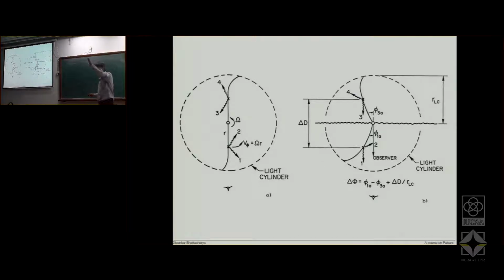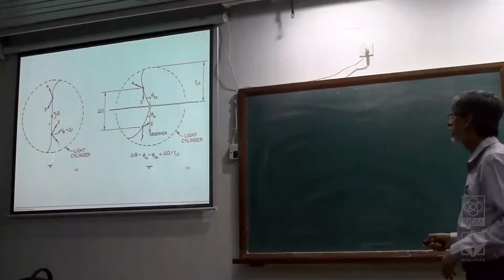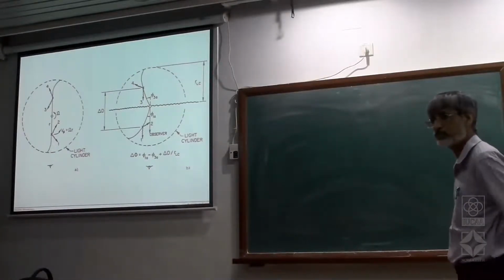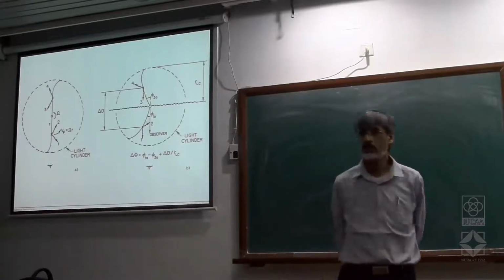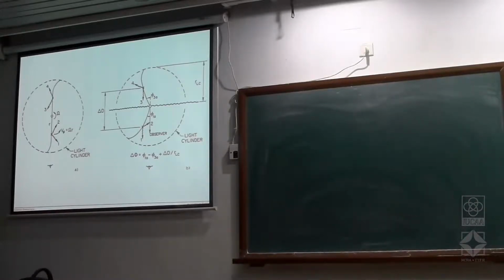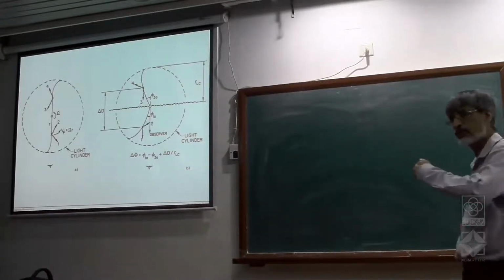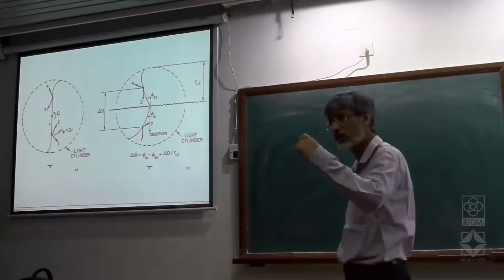If you look at it from above, let us say, if the field line would have been straight in a non-rotating object, near the light cylinder the field line will bend. So this effect will have to be used in modeling the phase of the emission that the observer will see.